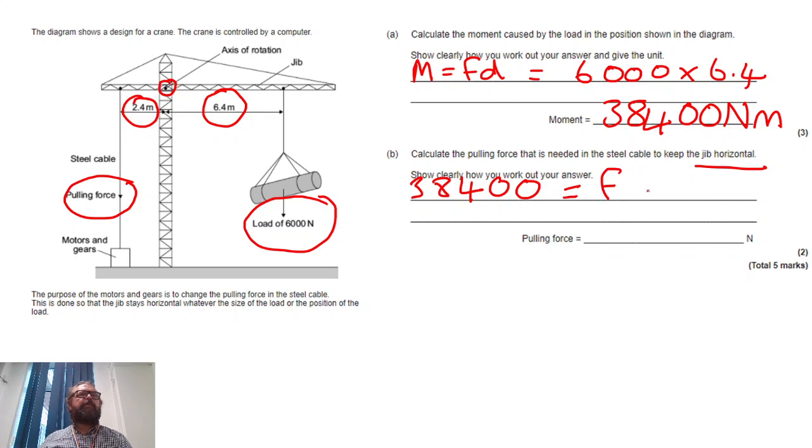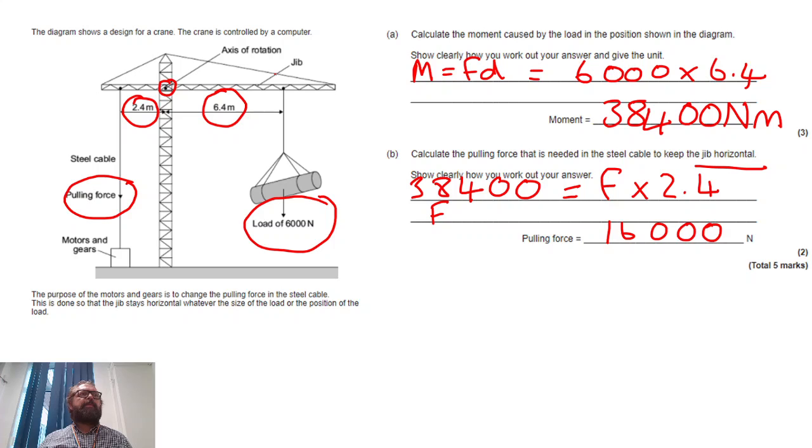Our mystery pulling force multiplied by 2.4 meters has to equal 38,400. So the force is going to be 38,400 divided by 2.4, which equals 16,000 newtons.